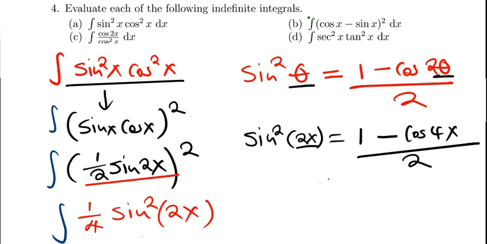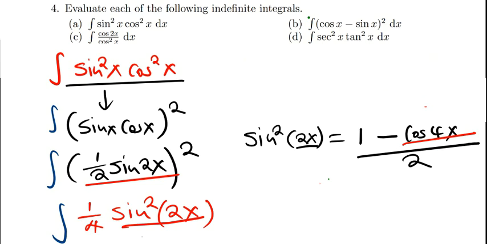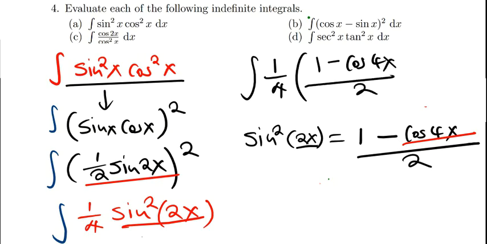And it's better to have it in this form than in the other form. So we'll just substitute. We'll have the integral of 1 over 4, and the sine squared would be 1 minus cosine 4x over 2, right?